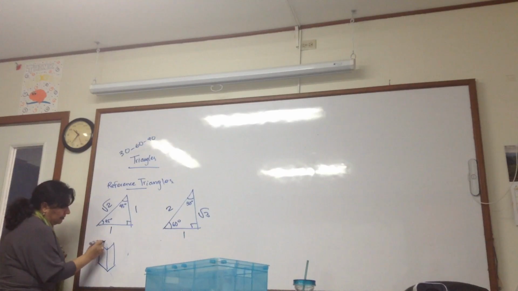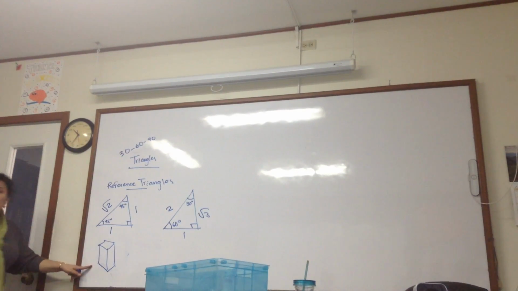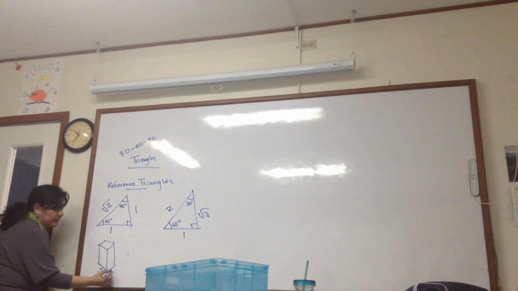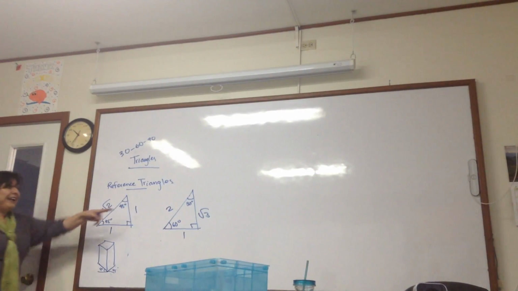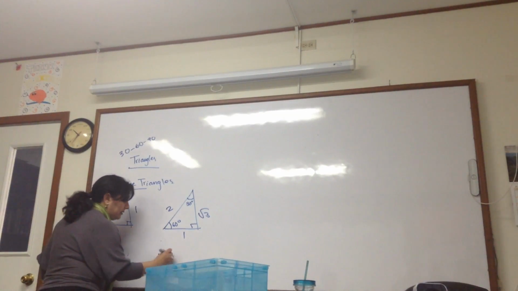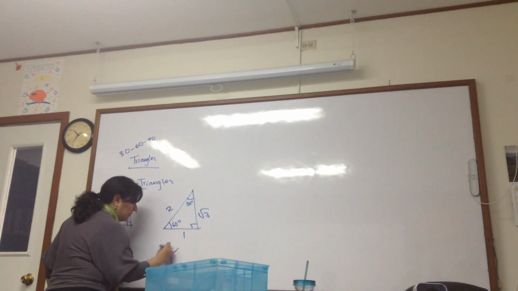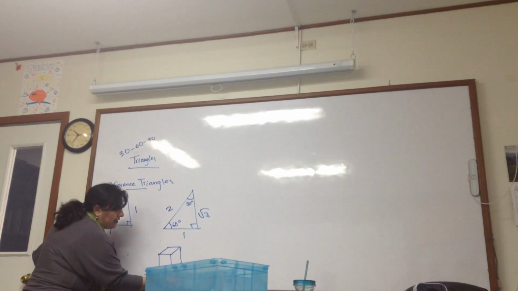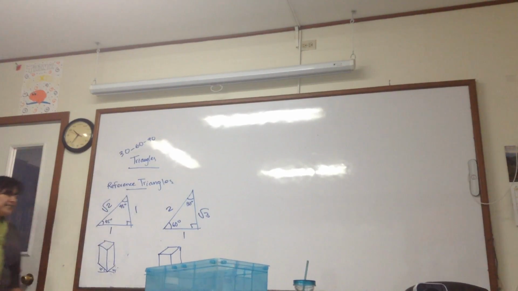That's my cube in military style, and this is going to be 45, and this is going to be 45. But if I do it in that one, it's going to look like this. This will be 30, and this will be 60. See the difference in styles?